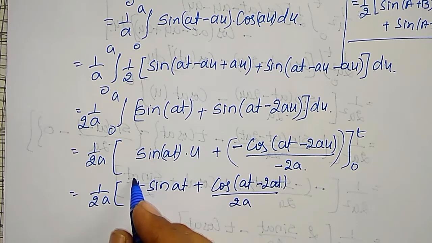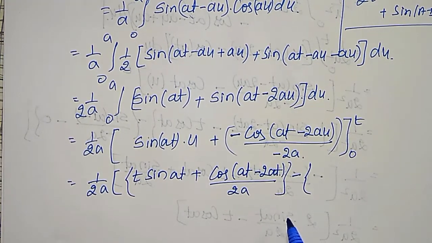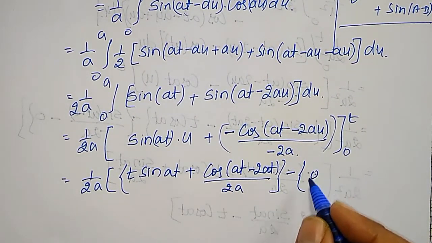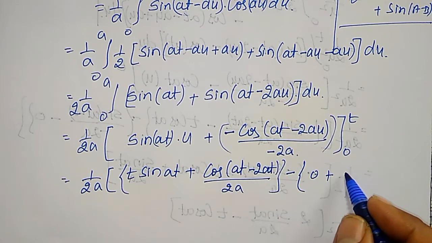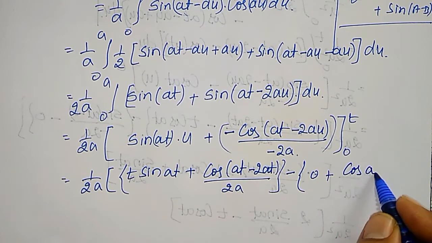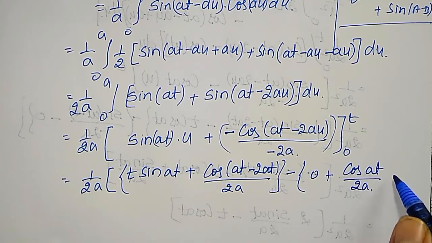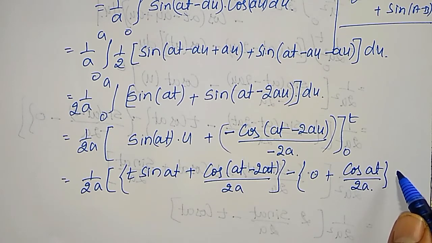This is my upper limit minus lower limit; at u equal to 0, that is 0 into something is 0, minus of minus is plus, and it is cos at divided by 2a. Okay, this one I have to evaluate now.